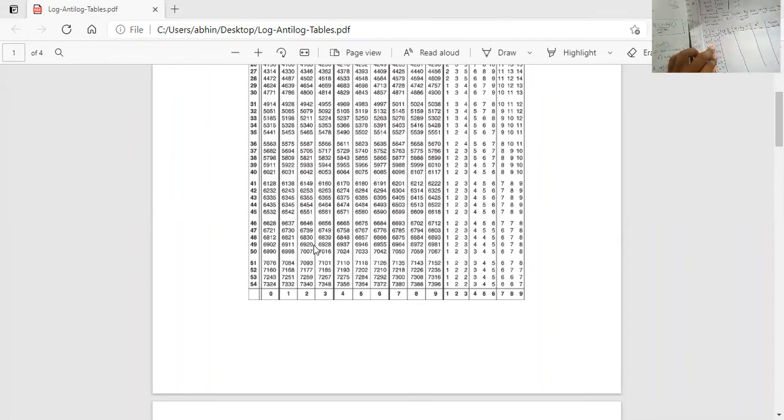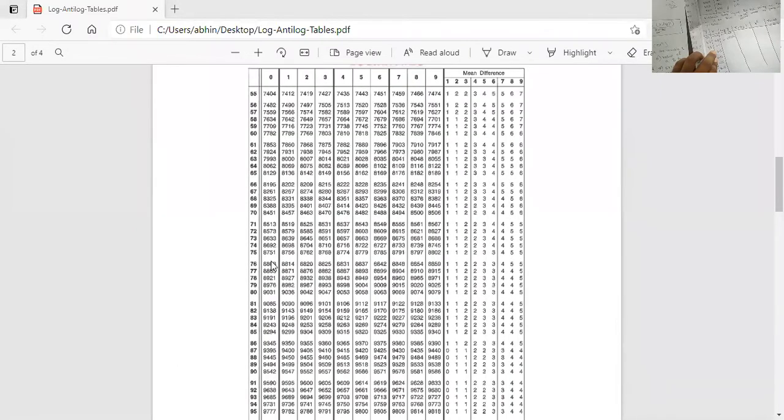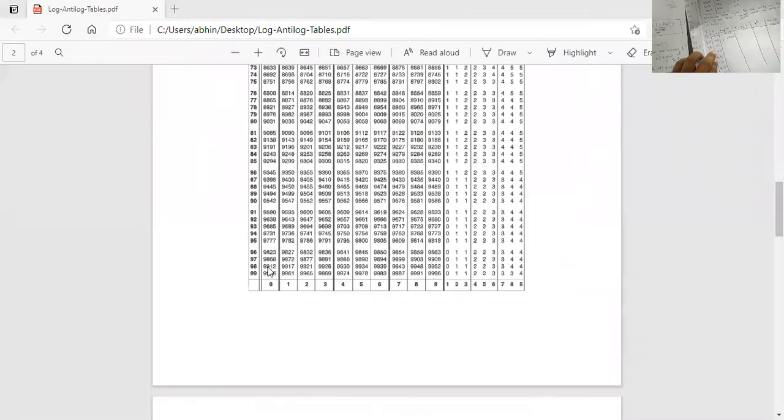Then 45, the log value is 1.6532. Then 98, 1.9912. Then for 92, 1.9638.